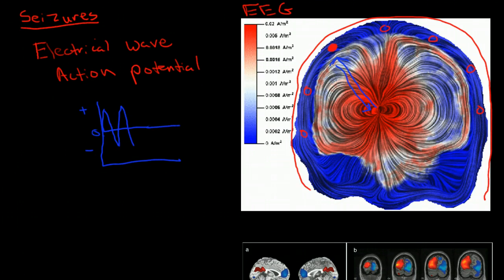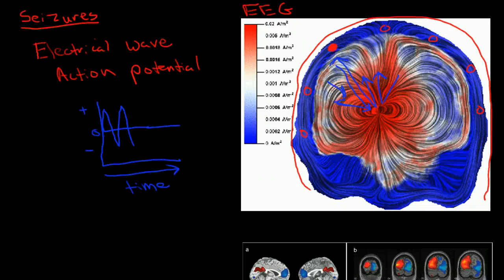Now, this electrode isn't measuring just one action potential. There are a whole bunch of action potentials. And what it is measuring is the average of all the movements of these action potentials that are taking place in a given moment. Here we're actually looking at time, and here we are looking at voltage changes to the positive or negative side.